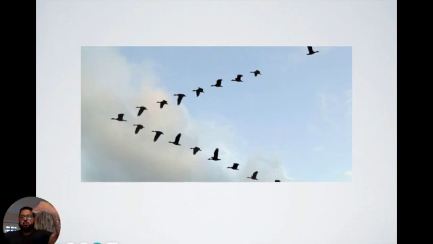So the birds are always moving to slowly take the lead, but by doing so, they're supporting the birds at the back who may be tired, who may be a bit weaker, and by creating extra force at the front, the birds at the back don't have to do as much in order to fly. They're being supported. So this is another way that in real life, animals collaborate in order to help each other and succeed.